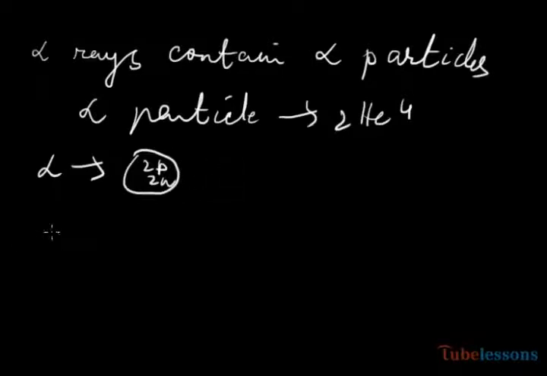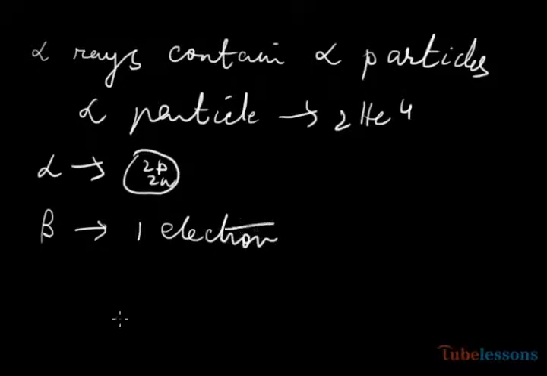That is alpha particle. Beta particle is analogous to one electron. It is also emitted from the nuclear part of the atom. And how is an electron emitted from the nuclear part of the atom? Now see, in a neutron, there is one proton and one electron. Actually, one proton and one electron are present in a neutron, and they neutralize each other.